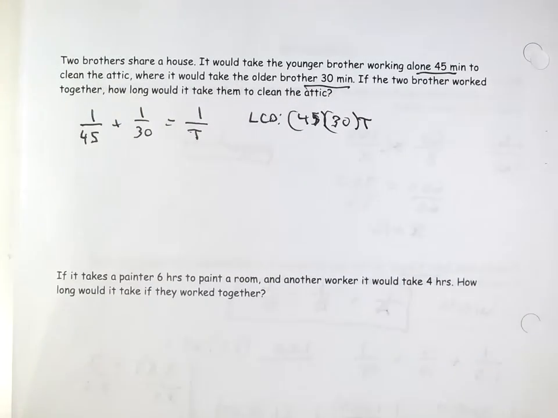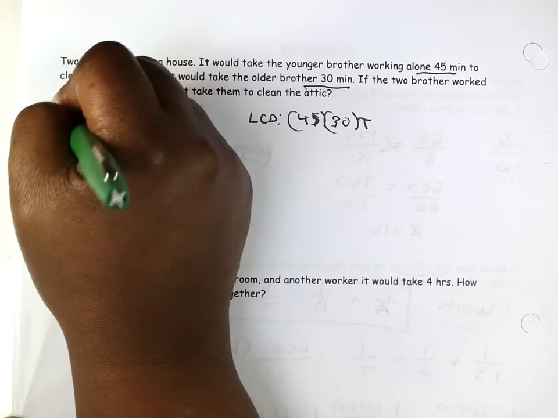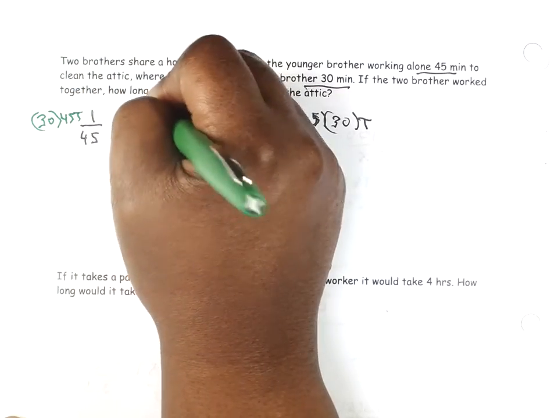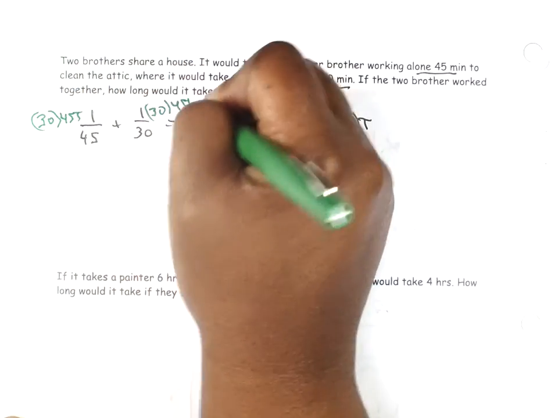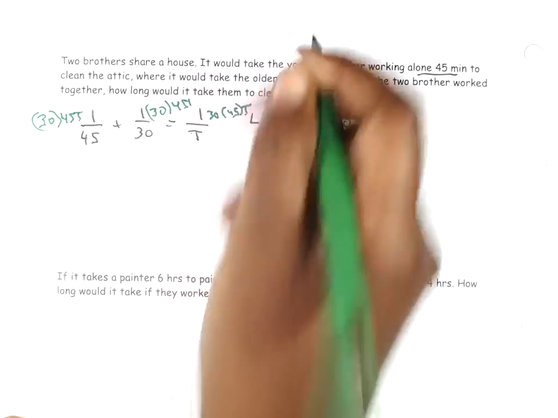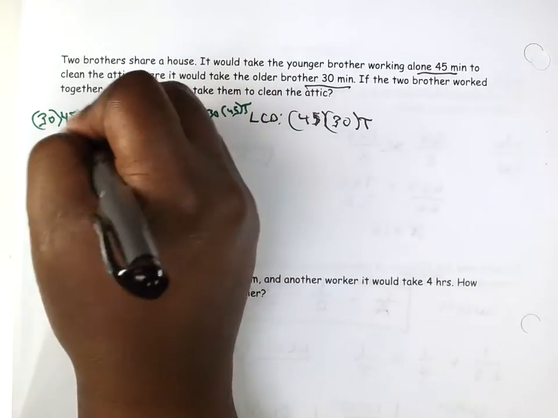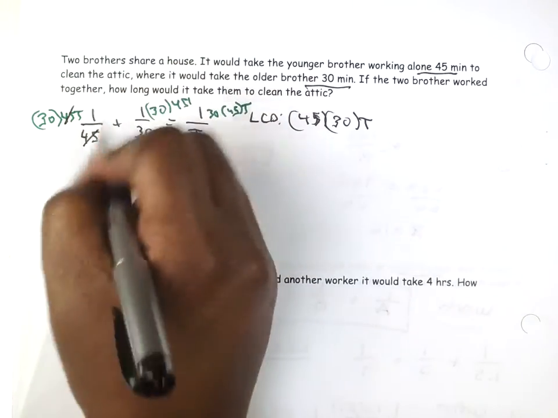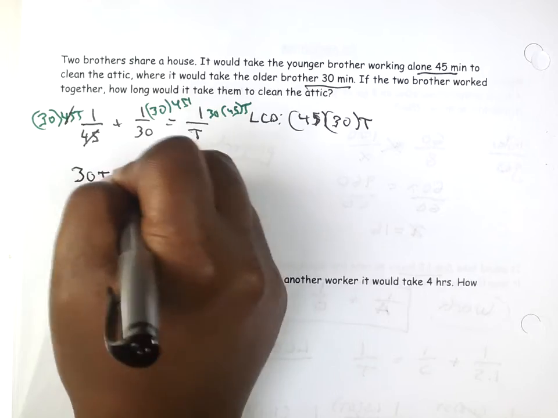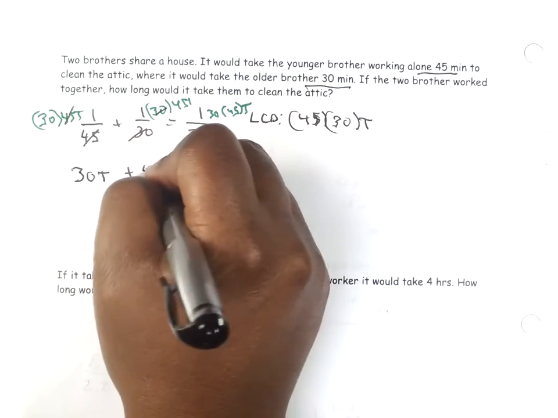So each one of these terms, I'm multiplying by 30 times 45 times t. So every single one of those terms has to be multiplied by that. This first one, the 45s cancel, and I'm left with 30t. This next one, the 30s cancel, I'm left with 45t.